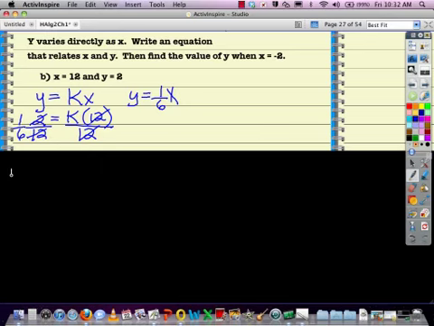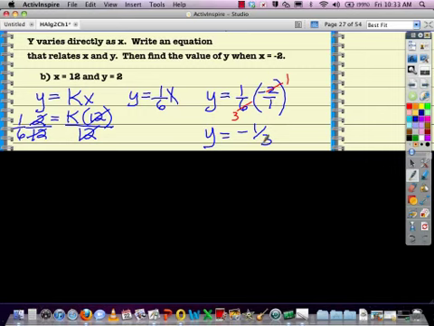So if we said y equals our 1/6, because the k value doesn't change, and our x value is now -2, and I'm going to put it over 1 just because we have fractions involved. Do the math and do the canceling. We should get a y value of, positive times a negative is a negative 1/3.